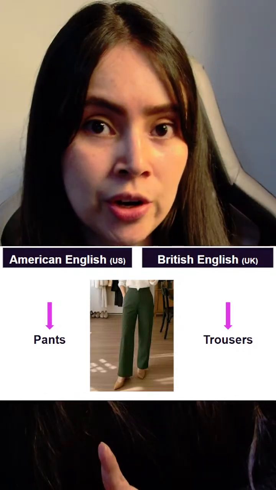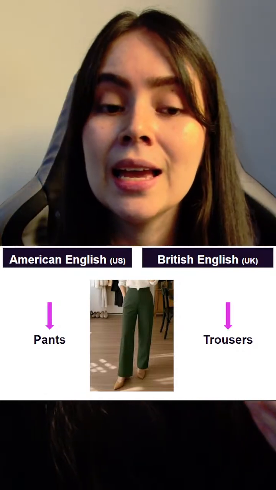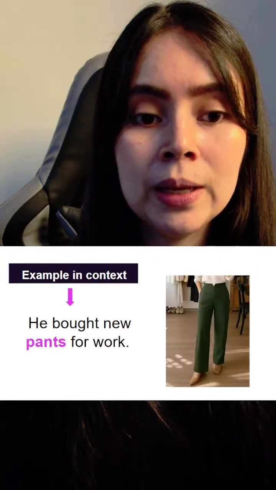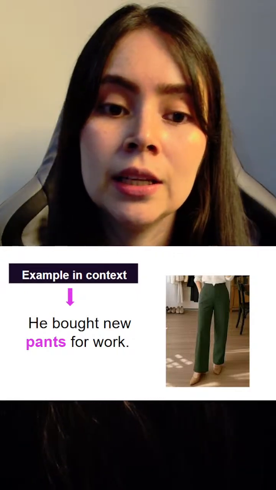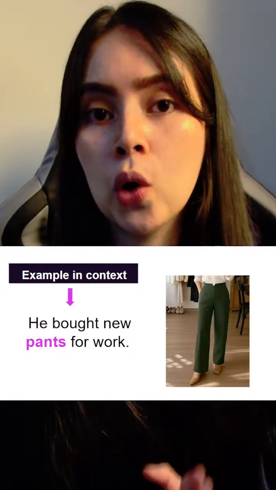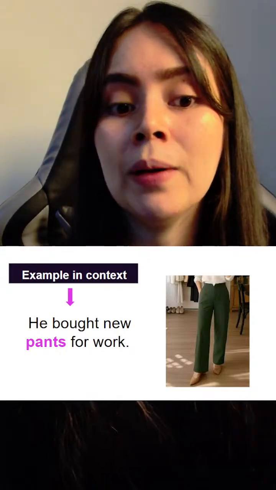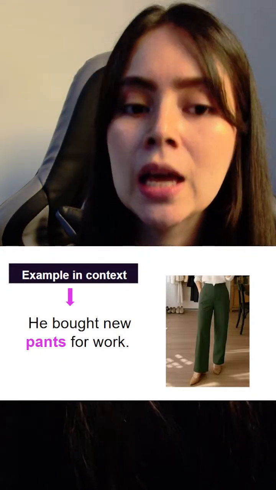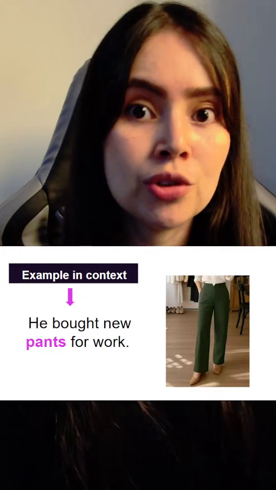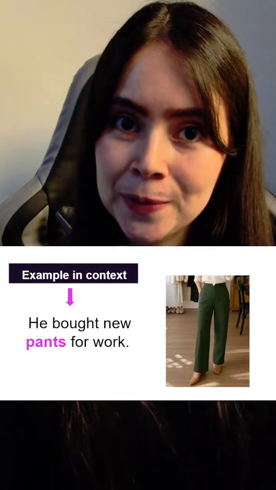Pants, trousers. In an example, it would be: he bought new pants for work, or he bought a pair of new pants for work. He bought a pair of new trousers for work.